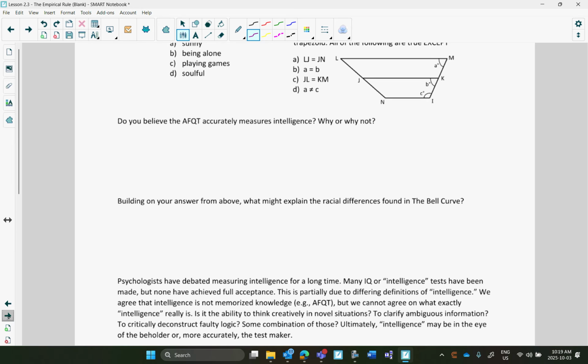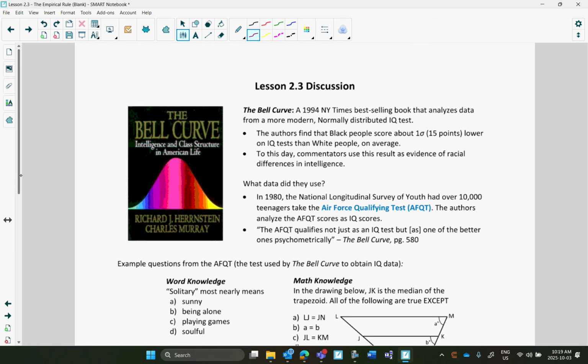The discussion talks about IQ scores. And there's a lot of controversy around whether it's actually possible to measure intelligence. Like, how is intelligence defined? Is it book smarts? Is it street smarts?